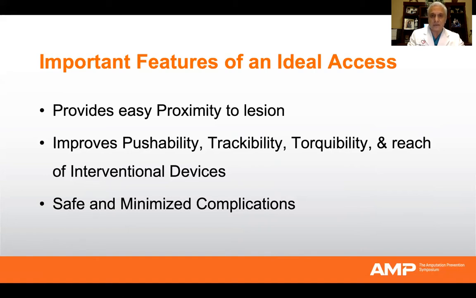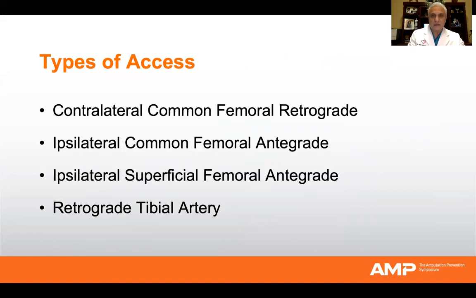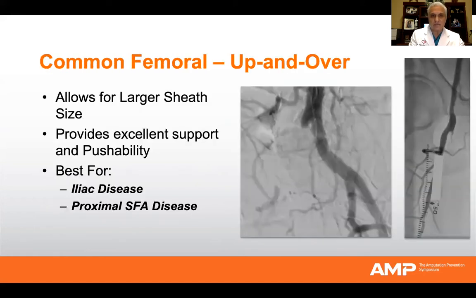Your tools can reach where you want them to reach with safety and minimal complications. There are different types of accesses depending upon where the lesion is. It could be contralateral femoral access, ipsilateral antegrade access versus retrograde, and most of the time it's a combination of antegrade plus retrograde accesses.